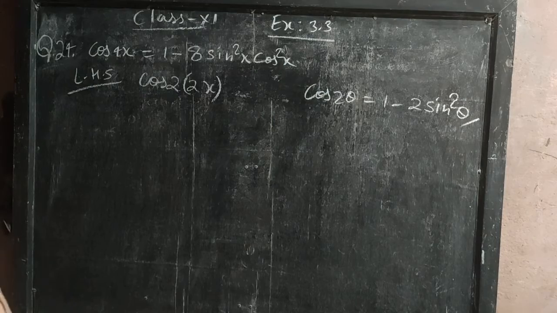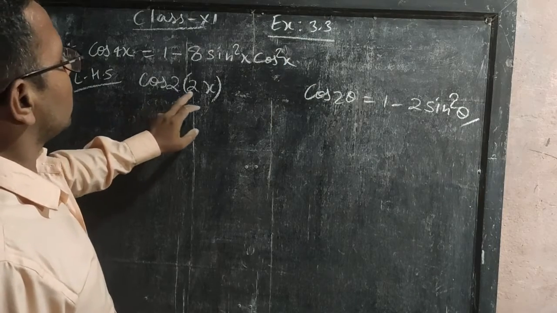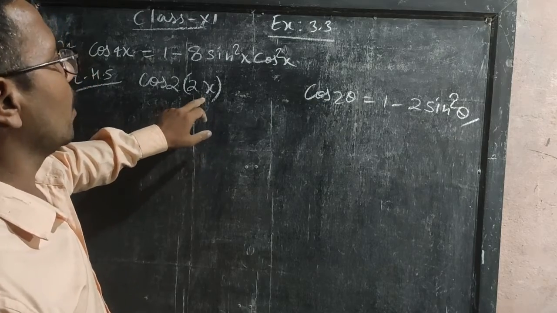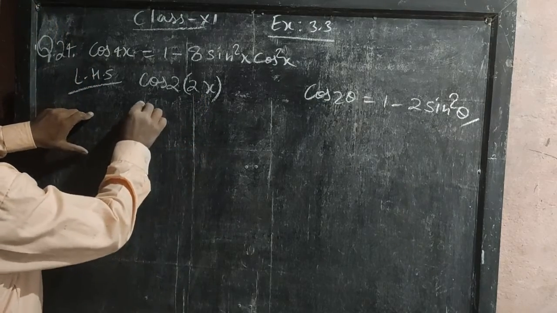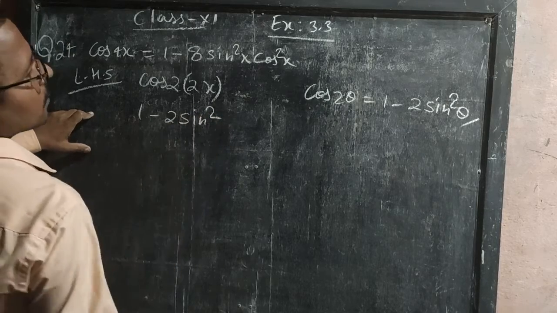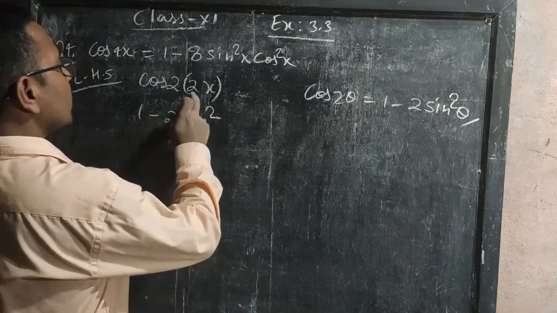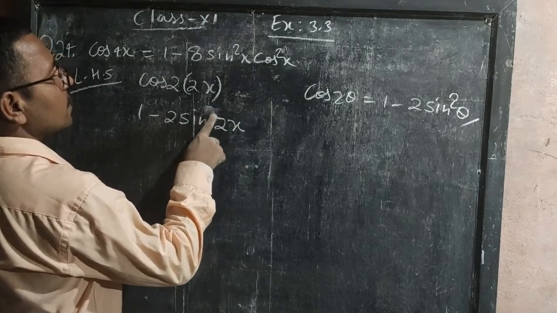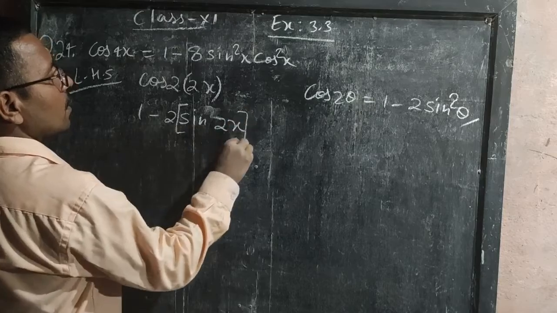So cos 2 theta, at the place of theta it is given here 2x. So use this one: 1 minus 2 sin square, at the place of theta it is 2x. Now this is the square, that means the square of this, whole square.